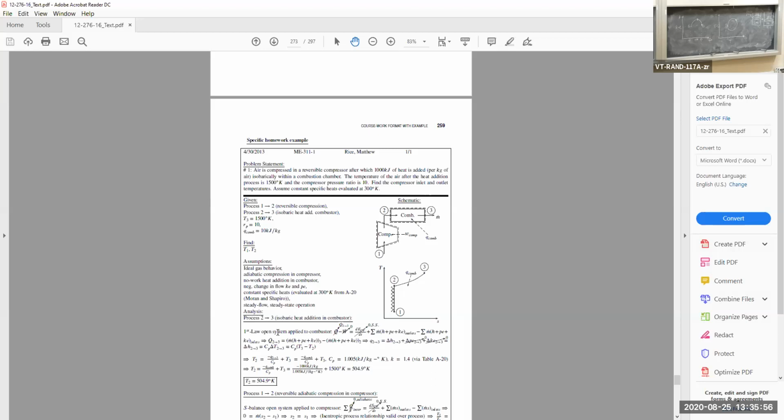So we have a given section. Given: a gas in a piston cylinder device. Your initial volume for the gas, V1, is equal to 0.4 cubic meters.